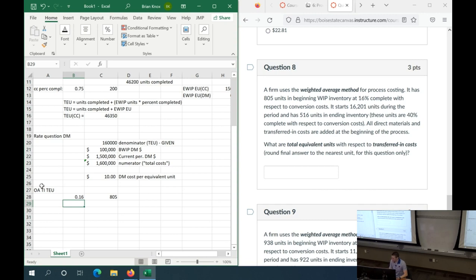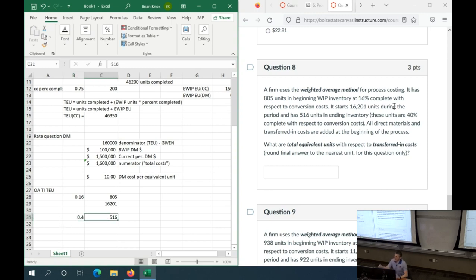I'm saying decimals and percents all mixed up, sorry. Next sentence says there are 16,201 units that we started during the period, and 516 units in ending inventory that are 40% complete. So we'll put 0.4 right there.